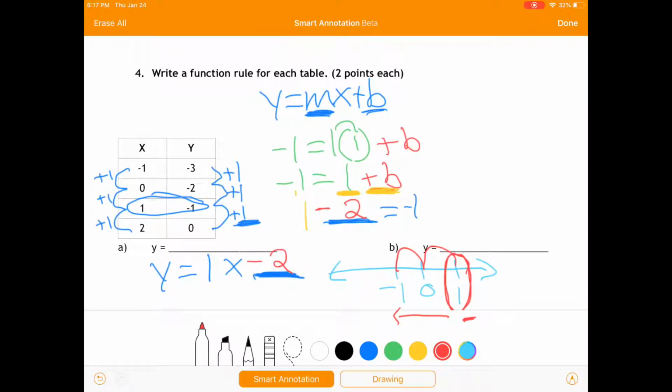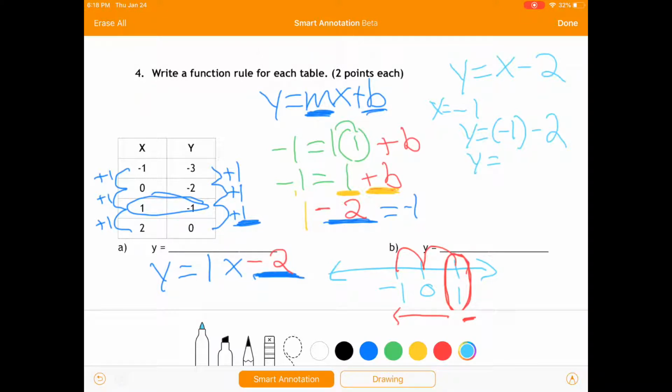So does this work for all of them? Does y equals x minus 2 work for when x is negative 1? So y equals negative 1 minus 2.